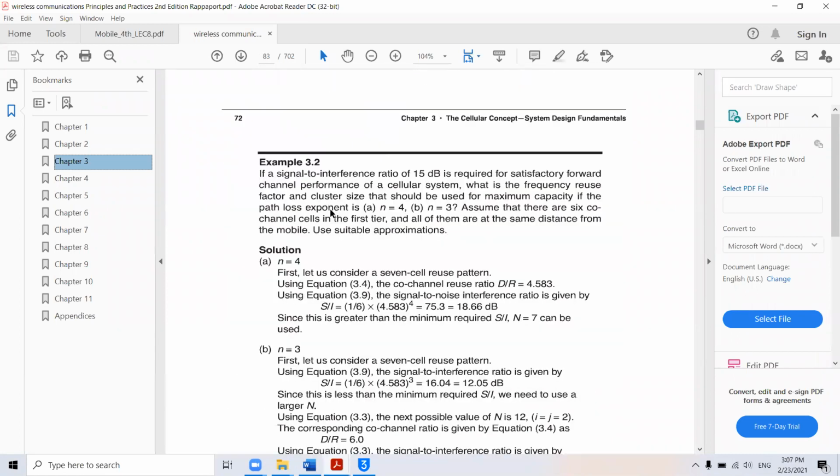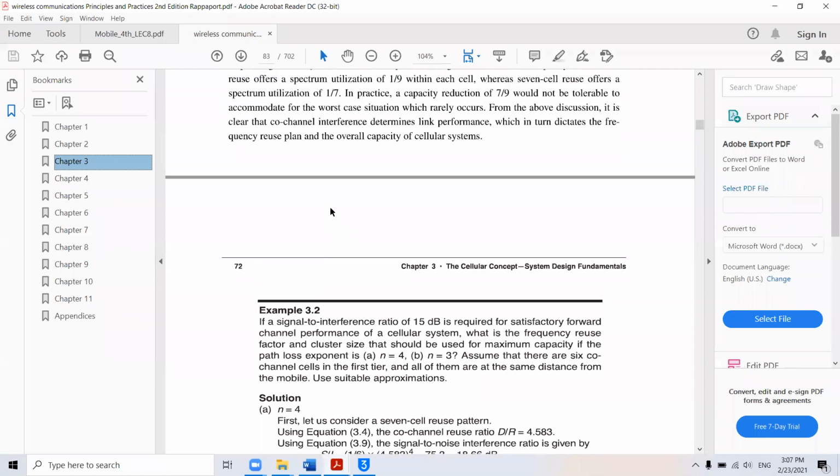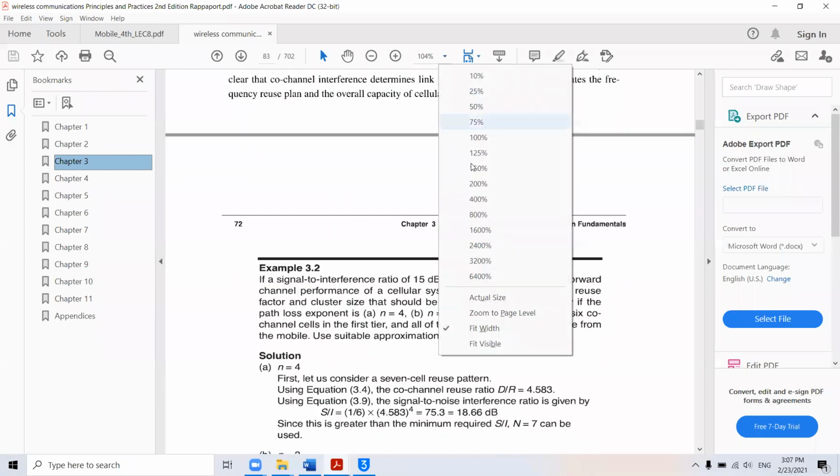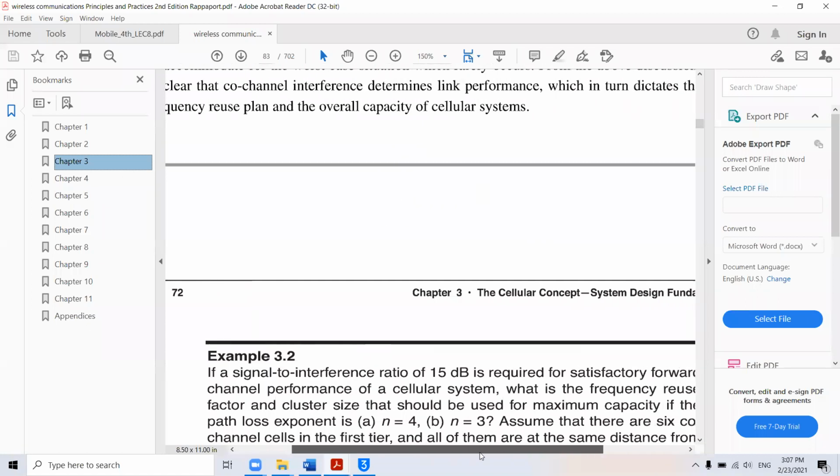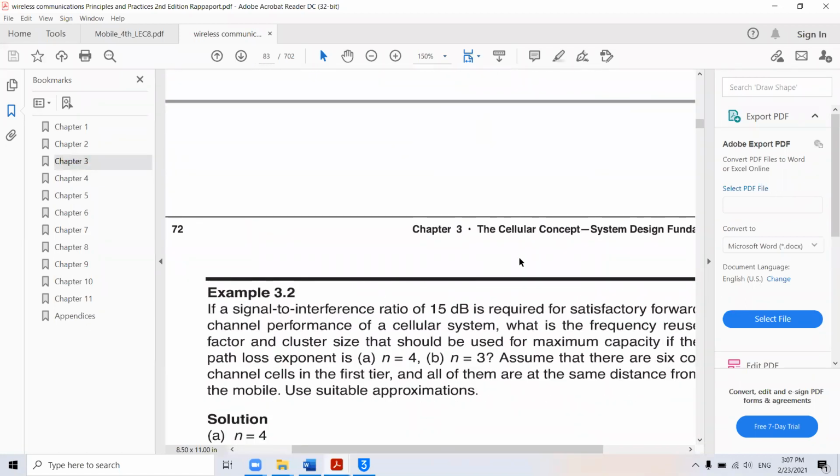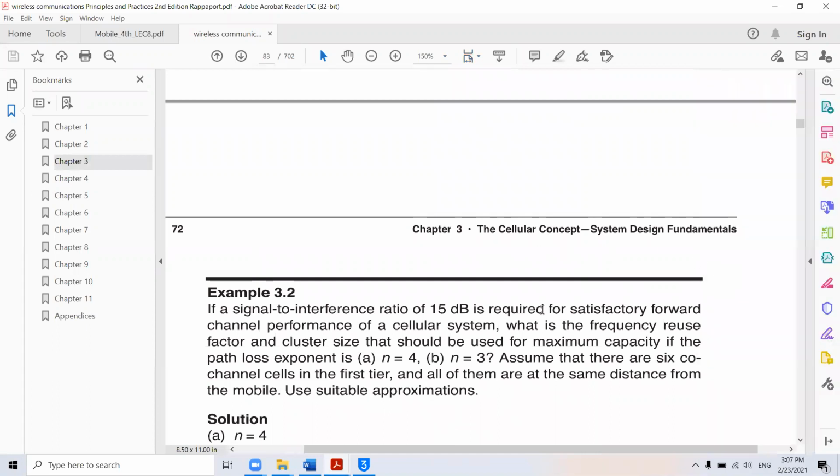Here we have an example. Look at this example. If a signal to interference ratio of 15 dB is required for satisfactory forward channel performance of a cellular system, what's the frequency reuse factor and the cluster size that should be used for maximum capacity?